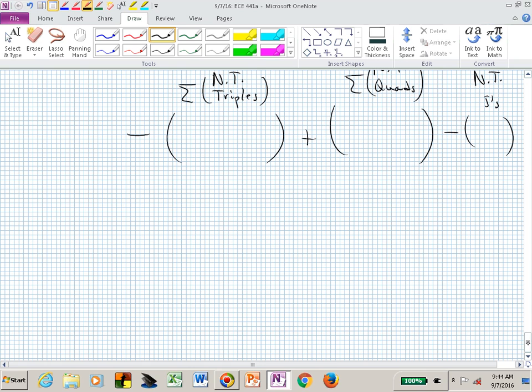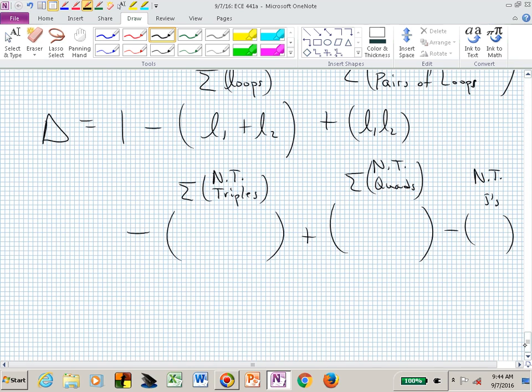So what's my determinant? In this example, my determinant is 1 minus L1, but L1 was minus 3 over S, so I have plus 3 over S, and L2 was minus 1 over S, and I'm subtracting that, so I have 1 over S, and then I have minus 1 over S times minus 3 over S, or I have 3 over S squared with a positive sign.